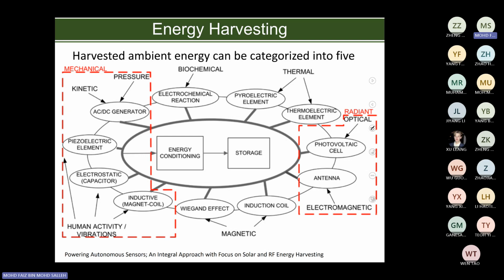But usually when we discuss energy, generally it can have two types, the potential and kinetic. And it can have several forms. Usually we consider 6 forms of energy: mechanical, chemical, electrical, electromagnetic, nuclear, and thermal energy.